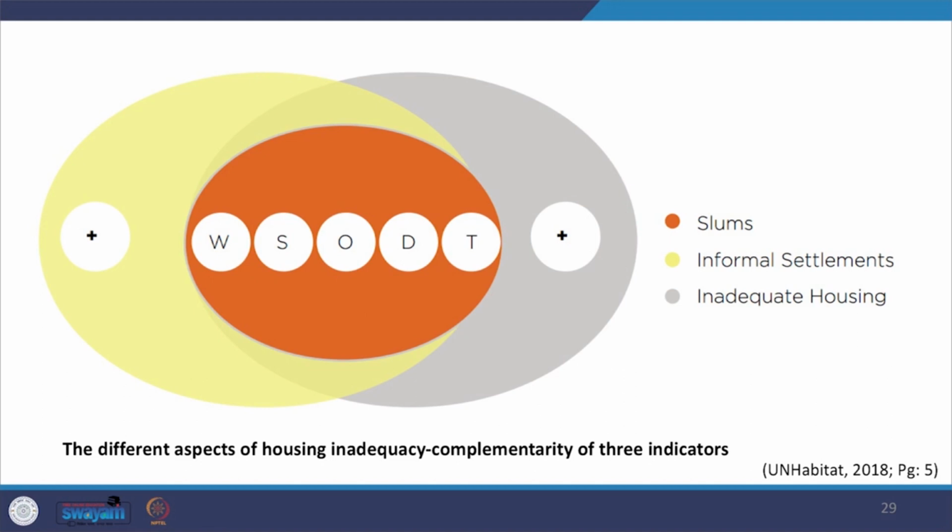Integrating these two aspects makes the indicator universal, as it helps capture housing condition in both developed and developing countries, thus addressing the fundamental principle of leaving no one behind.